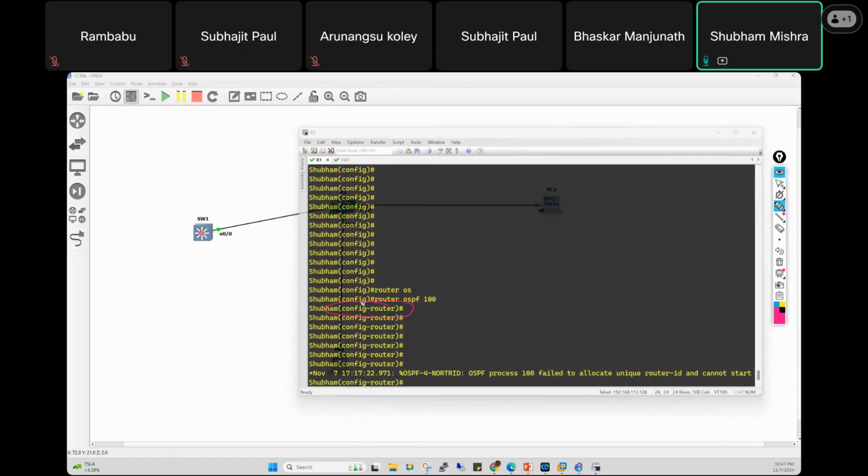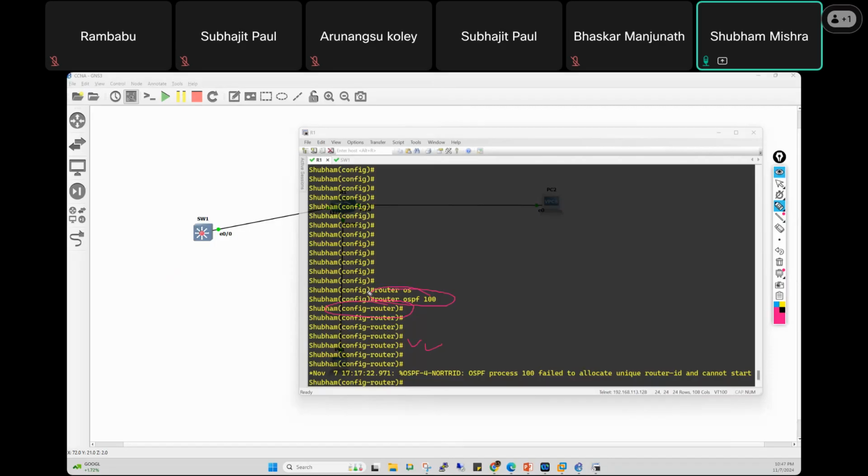It specifies the routing protocol configuration. It means whatever you configure here is for OSPF. Getting my point, everyone? It's clear to all of you, I hope.